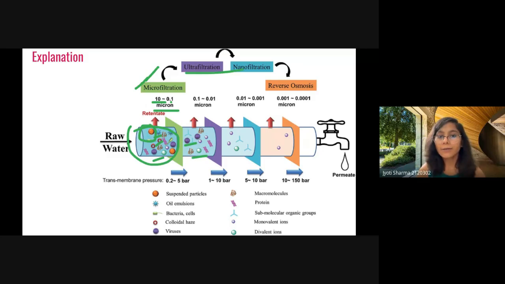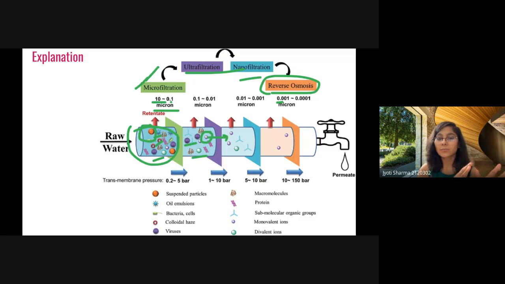Then we have ultrafiltration, where the pore size of the filter will be 0.1 to 0.01, and only some of the molecules will pass. Then we have nanofiltration. But if we are talking about reverse osmosis, RO, then here we have 0.001 to 0.0001 micron size. So most of your particles, viruses, bacteria will be resisted by this membrane.